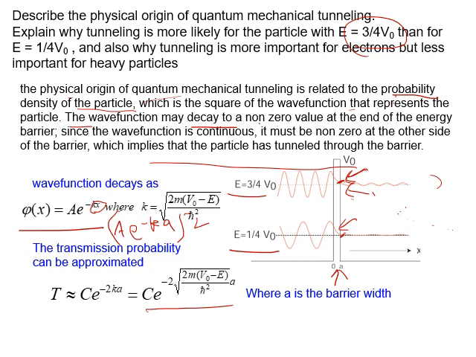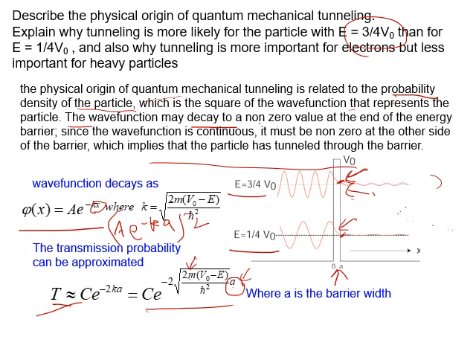Okay, and from this equation you can see here, a is the length. The smaller the barrier, the larger the probability. You have a mass here. The smaller the mass, the larger the probability. So electrons matter more than neutrons, than protons, than molecules, because the smaller the mass, the larger the probability to tunnel.